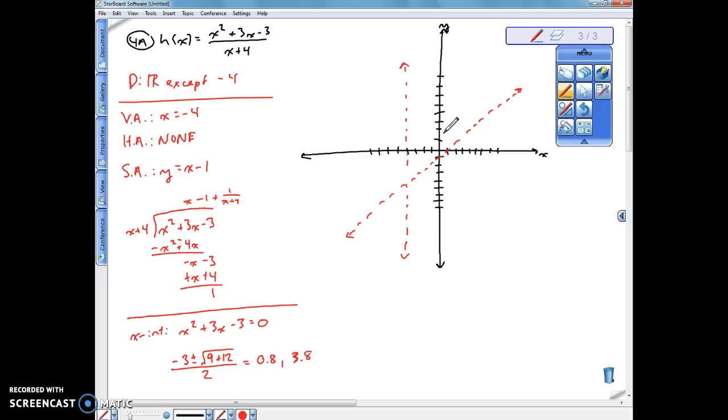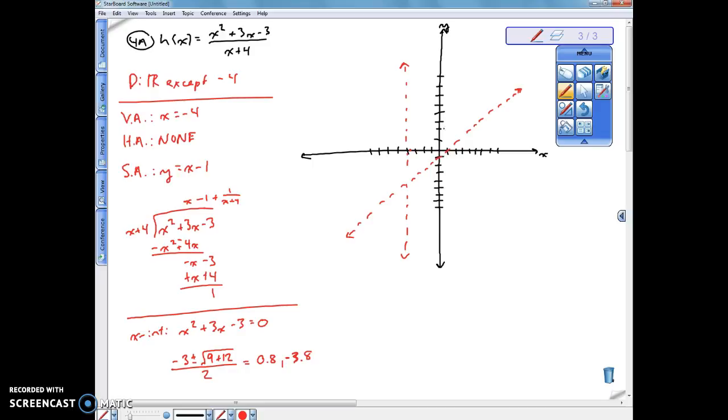And that's just going to happen about -3.8, sorry. That's why you have to check those things.